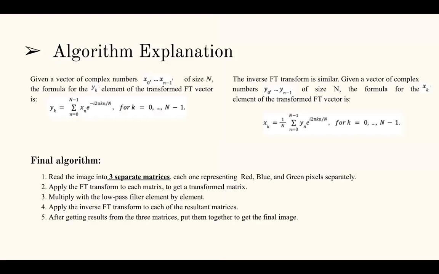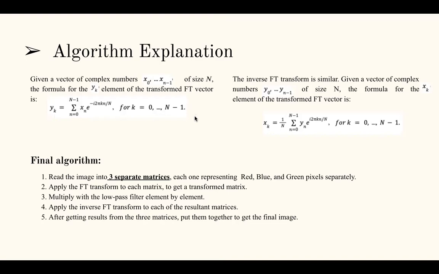With the basic idea in our mind, now we can take a closer look at the algorithm. If we are given a vector of complex numbers from x0 to xn-1, the vector size is n. The formula for the yk elements of the transformed Fourier transform vector is shown in this equation here.